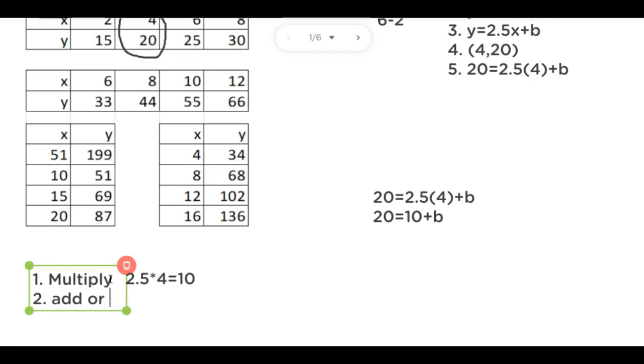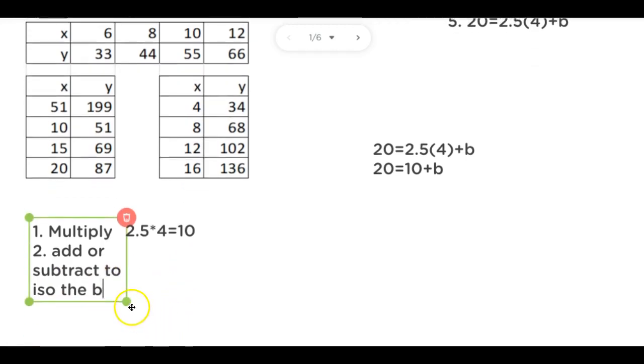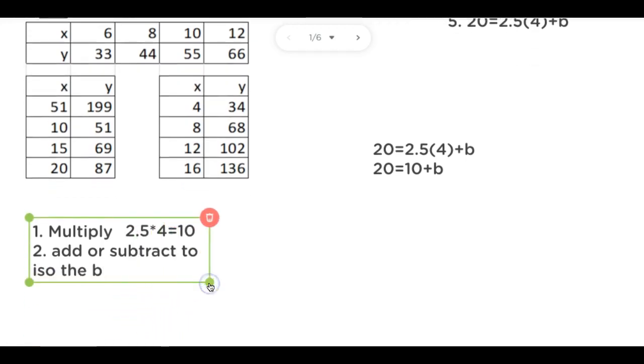add or subtract to isolate, I'm just going to put ISO, the variable, or let's just call it the b. All right.